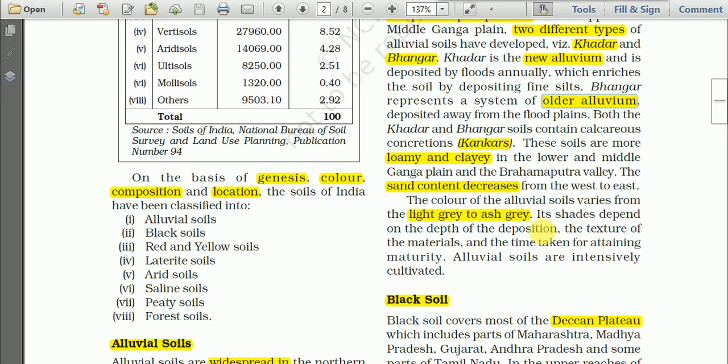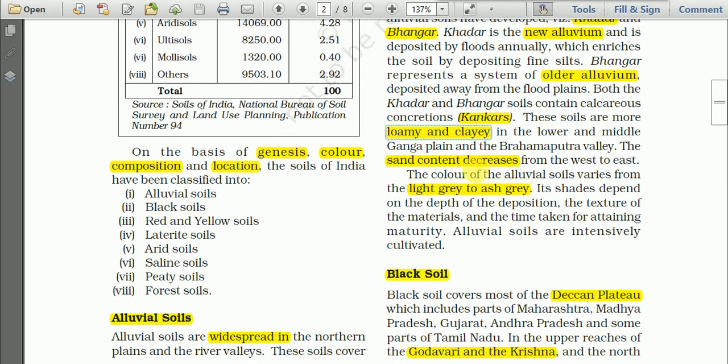And these soils are more loamy and clayey in the lower and middle Ganga plain and Brahmaputra valley. So alluvial soils are more loamy and clayey. That means the percentage of clay is high, and the percentage of silt is high in the lower and the middle Ganga plain and the Brahmaputra valley.